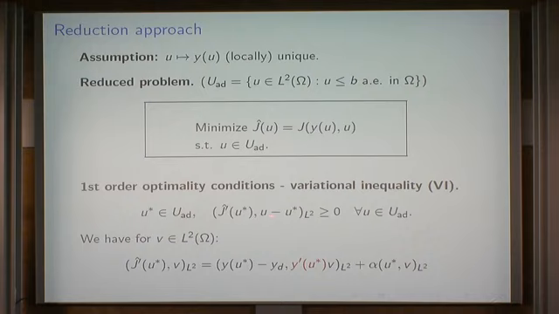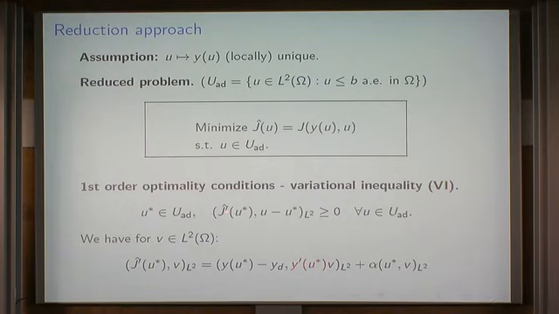Okay, and here it is. So I've written down the first order optimality condition, which is a variational inequality, and it turns out it's a variational inequality of the first kind. Of course we have to clarify existence, but for this particular problem it's just the direct method of the calculus of variations, and the first order condition is fine because of differentiability of the J hat.